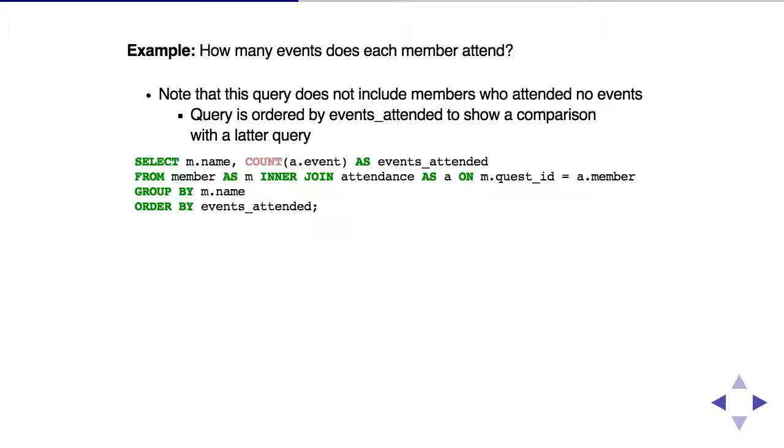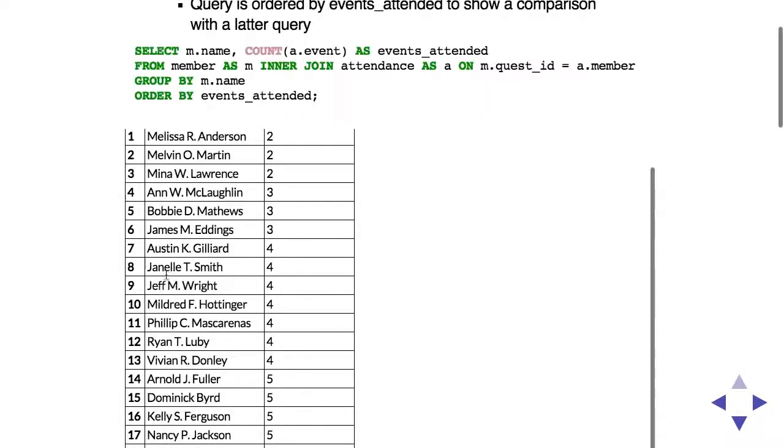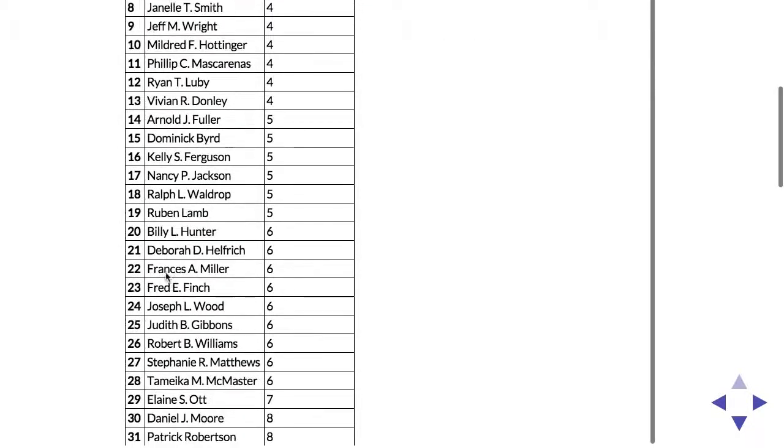So we first select our name and our count, and rename that count. Group by our name, and just for presentation purposes, I'm ordering it by our events attended count. As you can see, it gives everybody that attended at least one event.